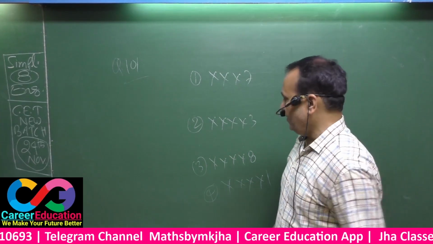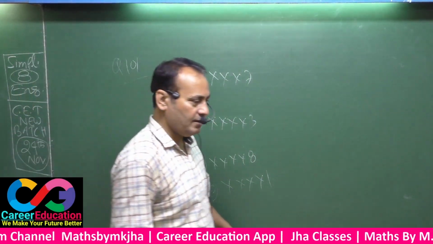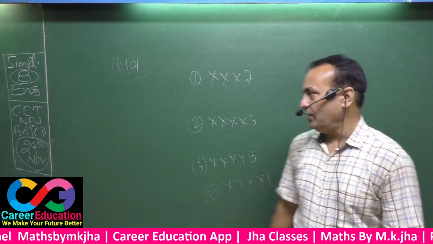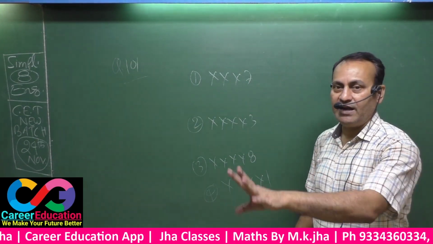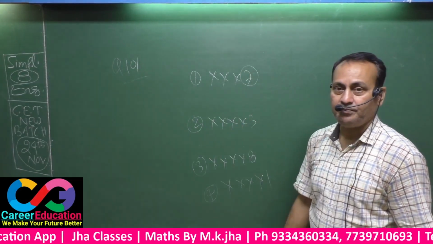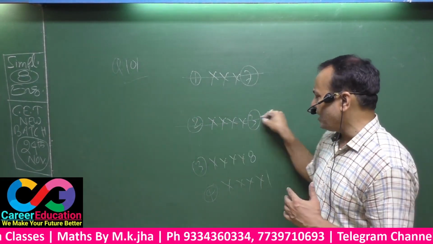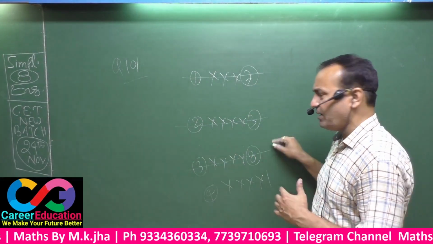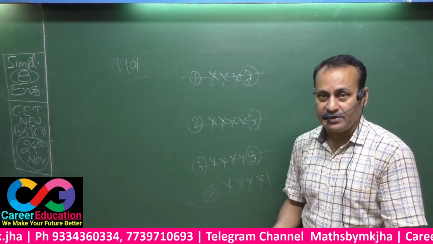That means to be a square number, certainly the unit place of the number must not be 2, 3, 7 or 8. Since here is 7, this can't be your square number. Since here is 3, this can't be your square number. Since here is 8, your number can't be a perfect square number. That means this is certainly a perfect square number.